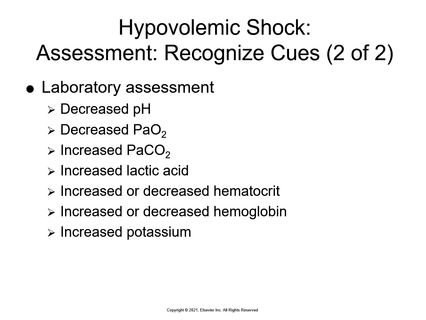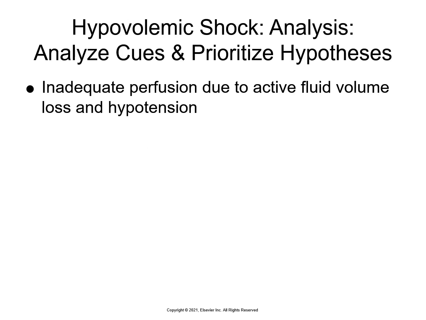So their pH may drop. So you're going to look at that. And you're going to look at their PaO2. They're not getting oxygenated, so your pulse ox is going to drop. Your arterial blood gas, your oxygen level is going to drop. They may have an increased PaCO2. They're retaining.